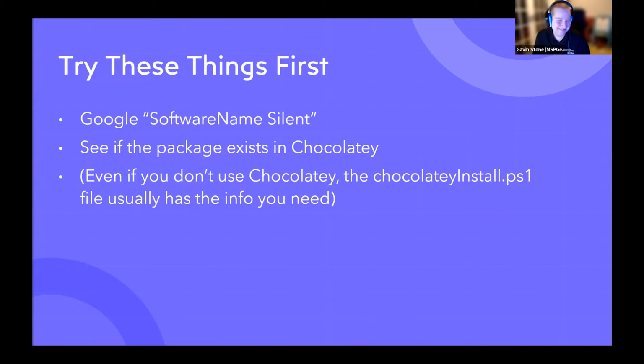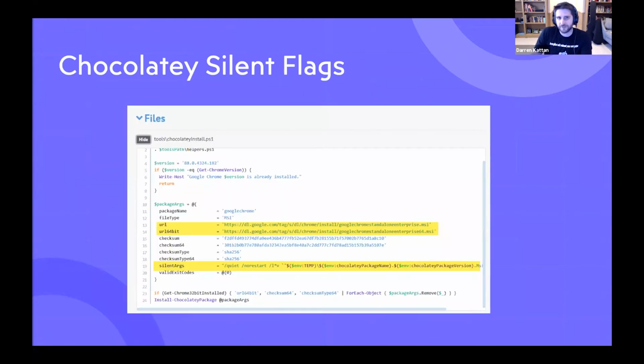Yeah. So even if you don't use Chocolatey, and we'll talk a little bit more about some of the risks with Chocolatey in light of the recent supply chain stuff, the Chocolatey install.ps1 file that's inside of the Chocolatey package, which you can just see on their website, I've got a screenshot here, contains most of the information that you need. So maybe you don't feel like deploying Chocolatey to all the machines that you're trying to deploy the software to. Okay, well, guess what?